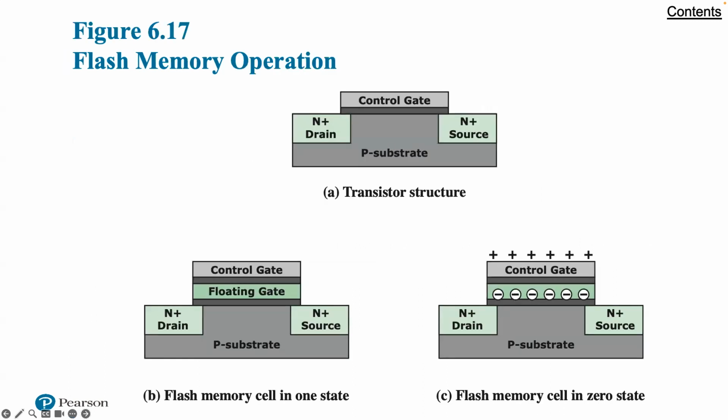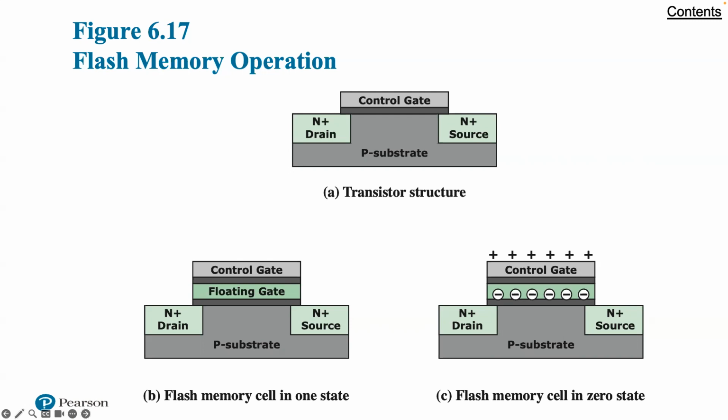In this figure, we're looking at flash memory operation, and it shows the basic operations that take place. Figure 6.17A depicts the operation of a transistor. The transistor exploits the properties of semiconductors so that a small voltage applied to the gate can be used to control the flow of a large current between the source and the drain.